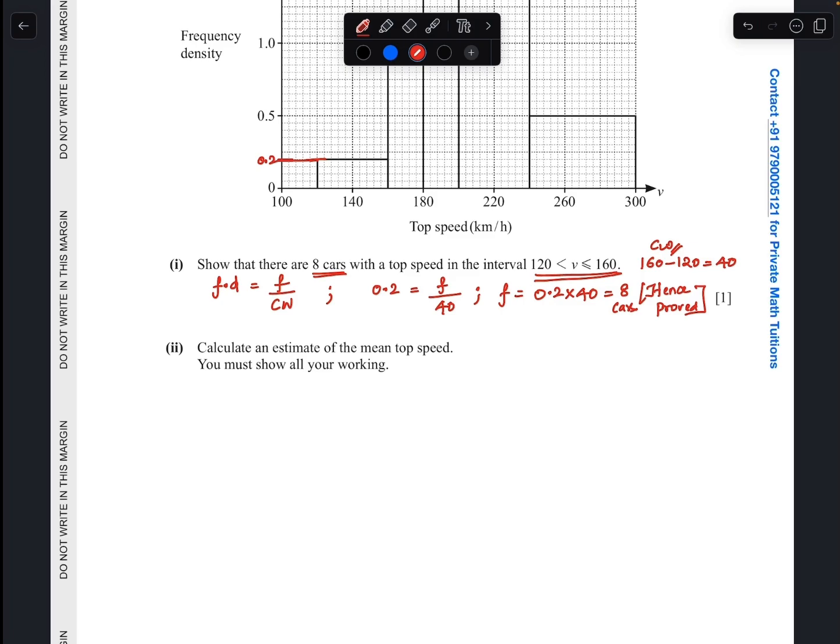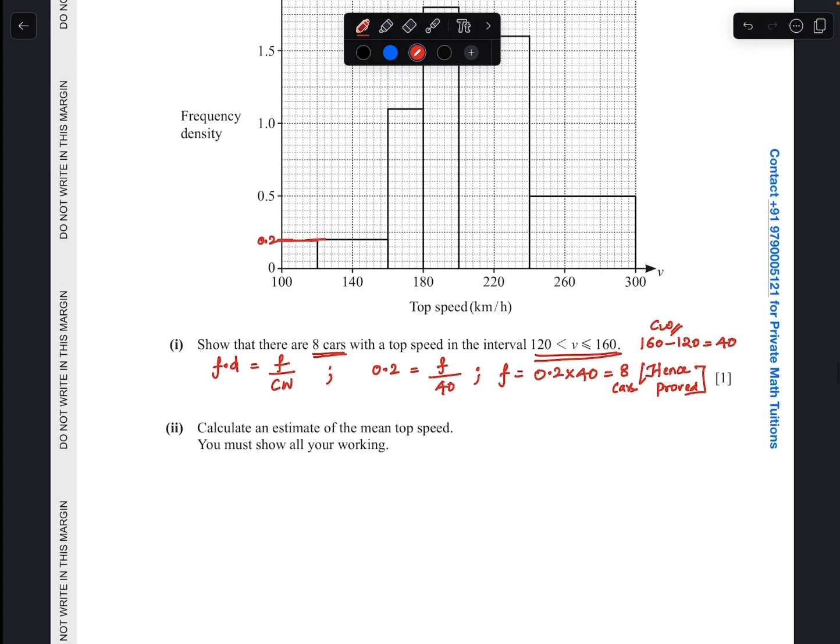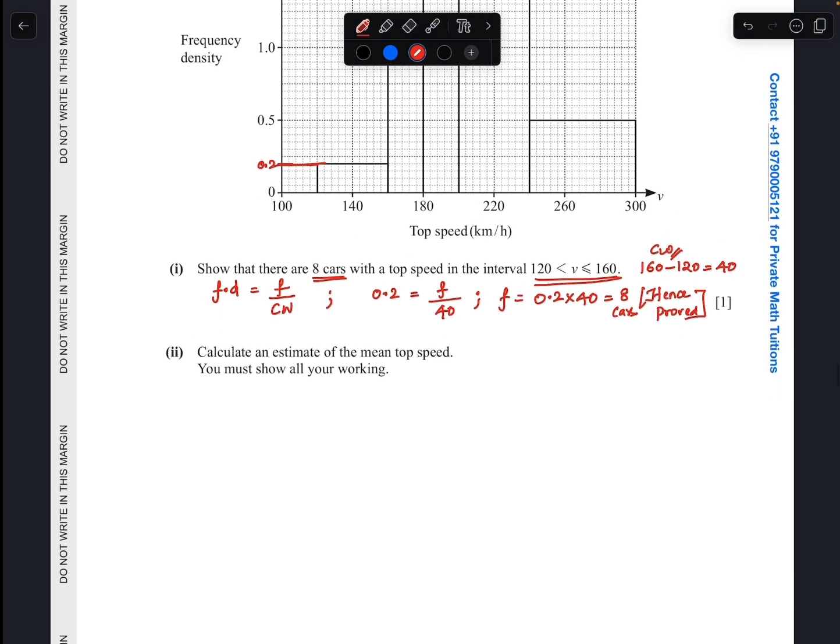Subdivision 2. Calculate an estimate of the mean top speed. You must show all your working. So now let me take down the graph. 120 to 160, 160 to 180, 180 to 200.